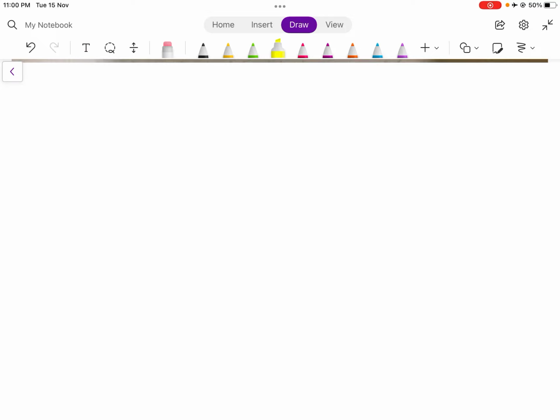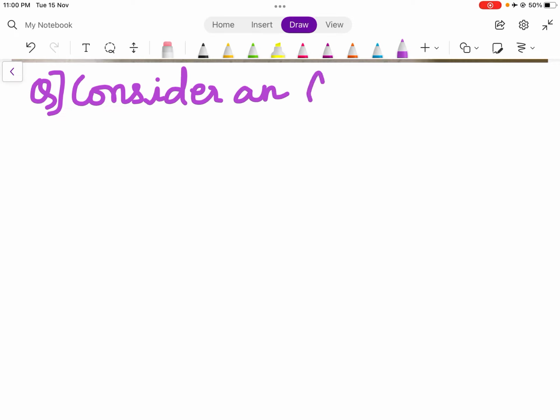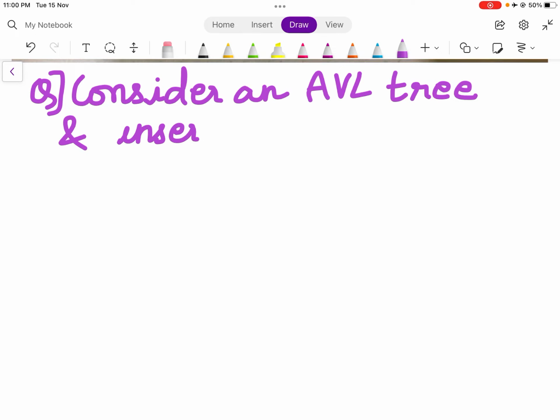So I will take one example. Consider an AVL tree and insert 18 into it. How do I go?